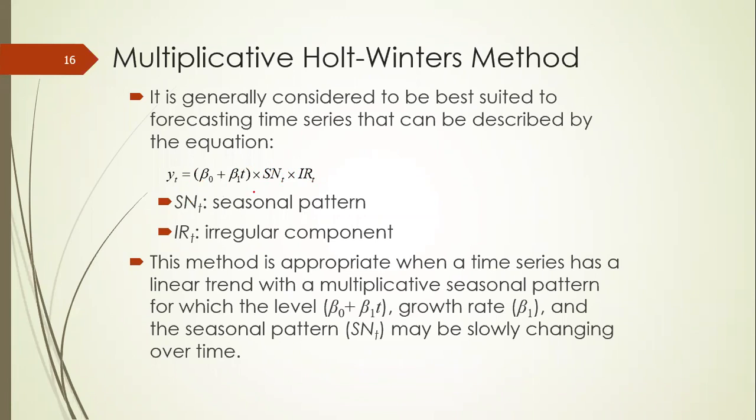So if you look at this relationship, this is the same thing which we spoke about earlier, where a time series can have a multiplicative component. There is no cyclicity in this model. So it's the trend multiplied by seasonality multiplied by irregularity. So the trend is given by beta 0 plus beta 1t. Clear?